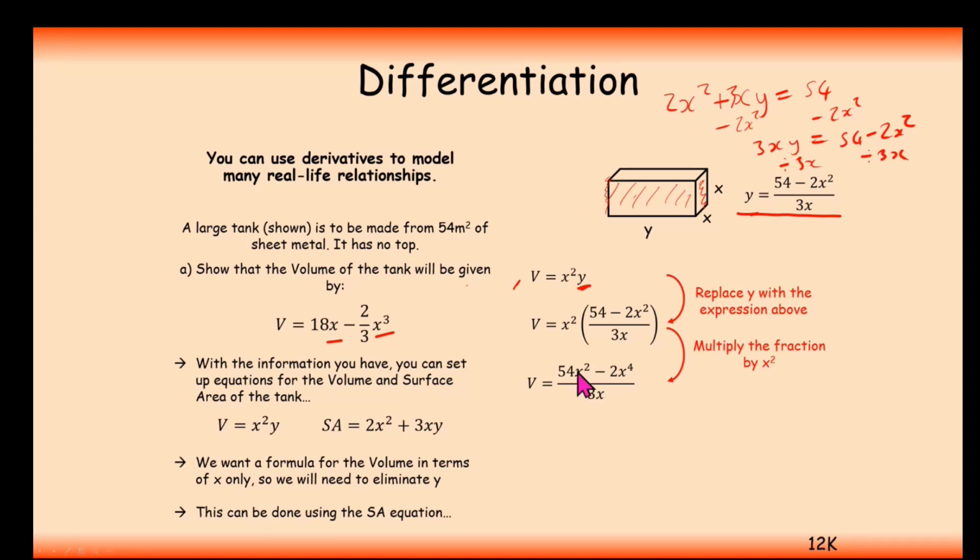Now you can see if we divide each term here by 3x, we will get 18x. But I will do this all in one go, because 54x squared divided by 3x is going to give us 18x. And then we've shown that.